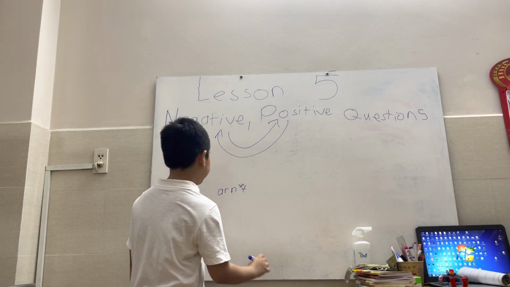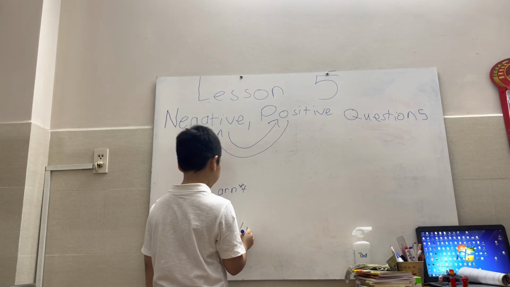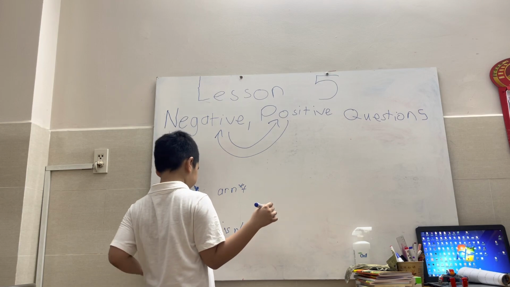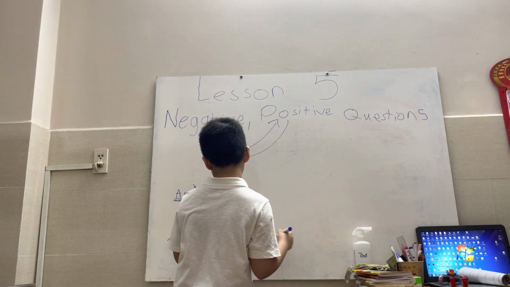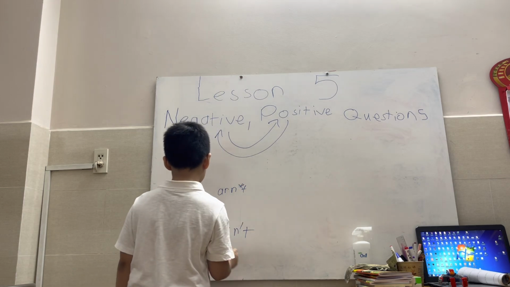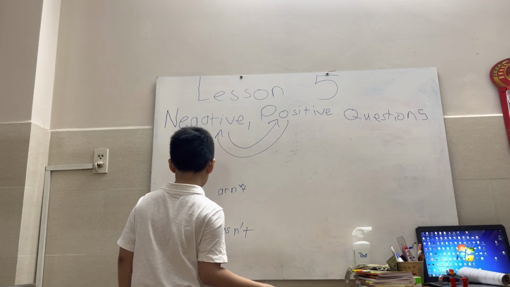But the real way to spell isn't is I-S-N-T. Isn't. Let me just put away this and then put this. Put away this and put this.